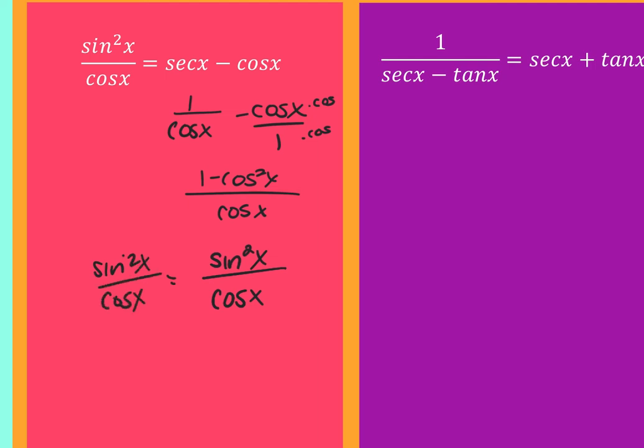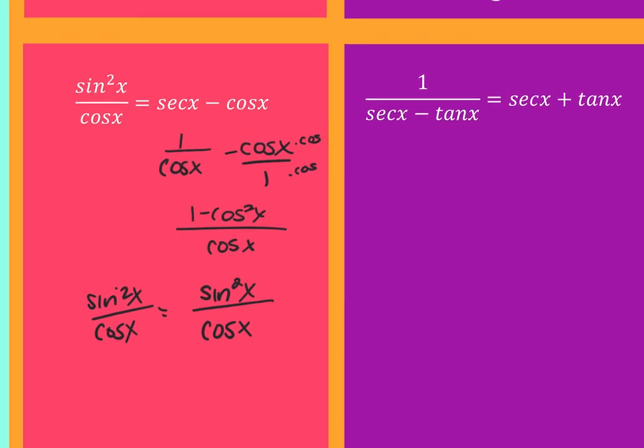Can you do that again? So she took the right side. Good job, Sophie. She changed secant to 1 over cosine. And that was this step here. And then you know by looking at the left, and usually I would say a goal would be to get rid of 2 fractions anyways.